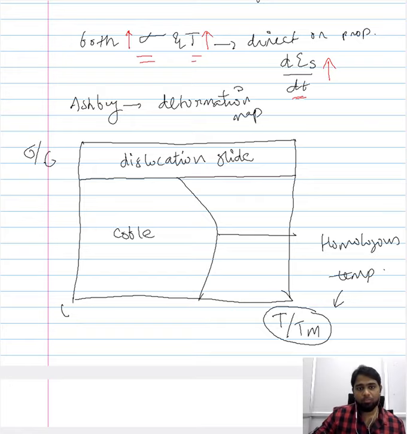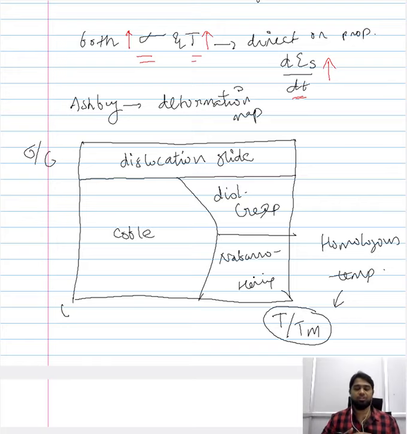So when you have a combination of stress and the high temperature, you would have your dislocation creep mechanism that is operational, and when the role of the high temperature is dominant, then you have your Nabarro-Herring creep that is operational. So this is just a schematic representation of how Ashby's deformation map would look like.